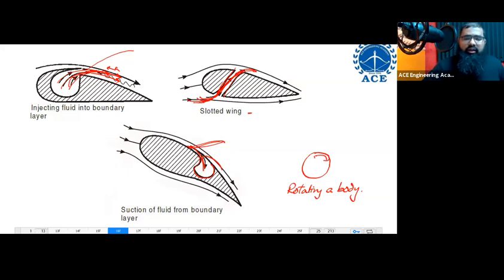See, boundary layer formation itself is not favorable. Very good question, Swarangi Marathi has asked: is boundary layer formation favorable? Remember, boundary layer formation itself is not favorable, but it will happen. In that, boundary layer separation is even more unfavorable. It is going to cause losses.